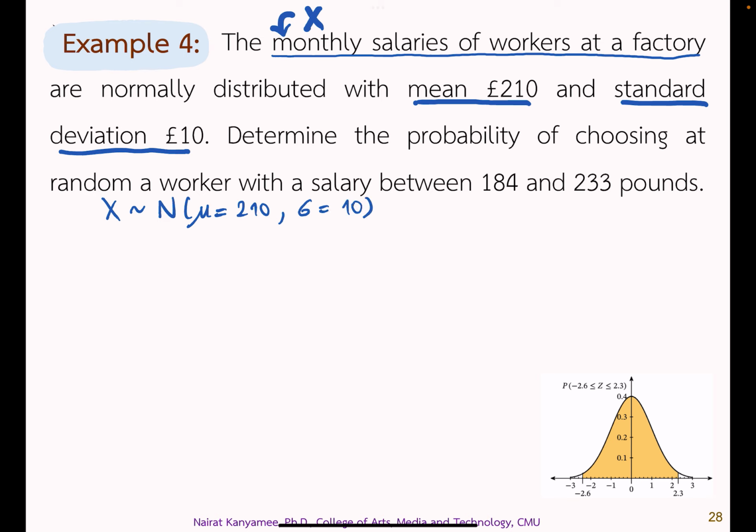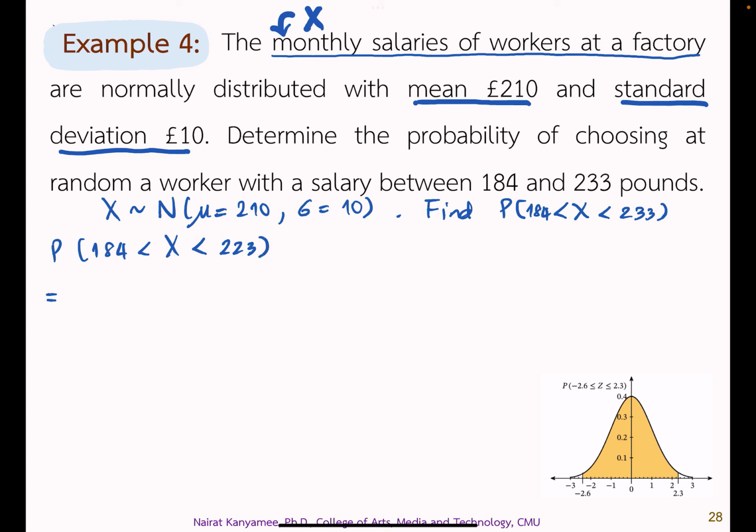Now what we need to look for is the probability of X greater than 184 and less than 233. So set this up: P of big X, X being the random variable, greater than 184 and less than 233.